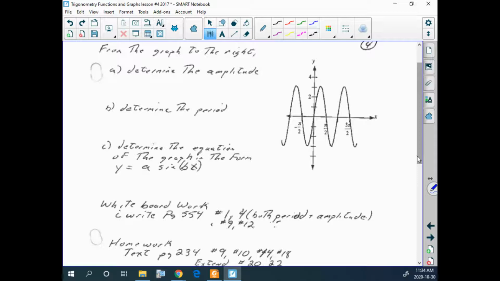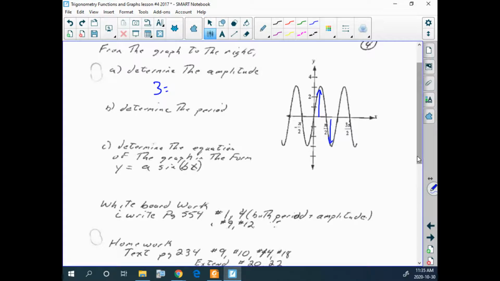We can either use an equation to find the amplitude, or we can just take a look at the graph. The period, you have to actually look where on the graph and see what it does. The amplitude is the distance from the midline. The midline in this case is the x-axis. So the amplitude is 3.